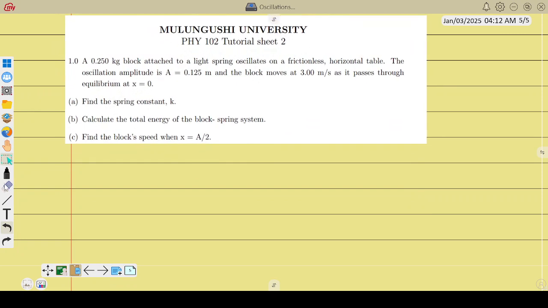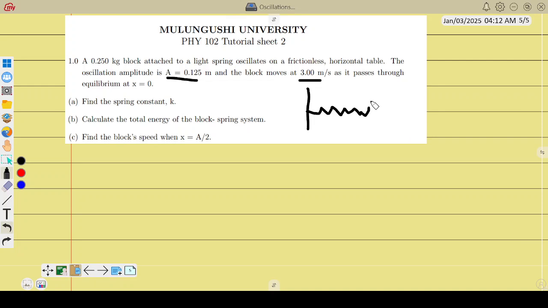So I've been given a 0.25 kg mass attached to a light spring, and it oscillates on a horizontal table. The oscillation amplitude is 0.125, and the velocity is 3 meters per second through equilibrium. So we have a spring.